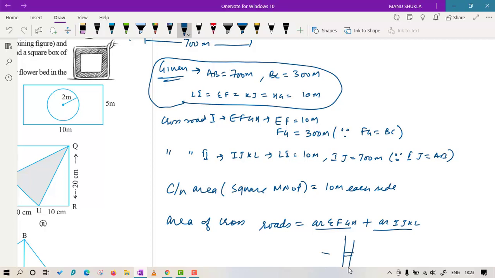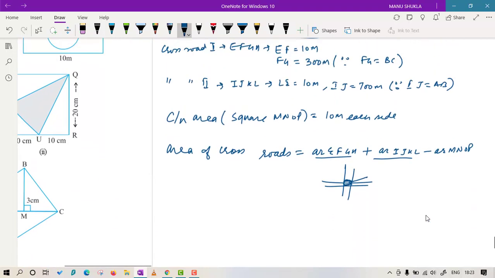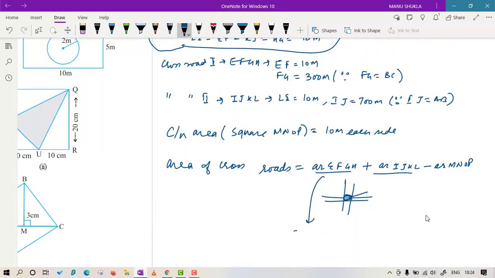So we have to subtract this area MNOP. That's it. Put the values and you will get the answer. So what is area of EFGH? That is equal to EF into FG, plus what is IJKL? That is LI into IJ, minus area of square MN square, you can say.